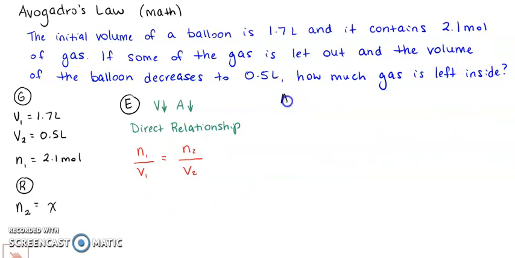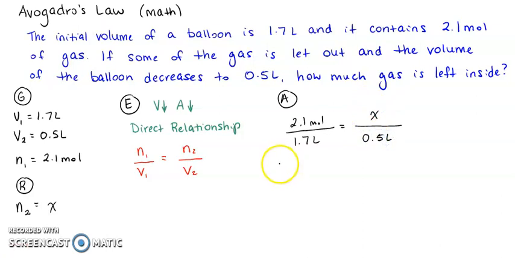So now let's actually solve this problem. So I know my N2, or my second amount of moles, I can write that as my variable x. And it goes down to 0.5 liters.